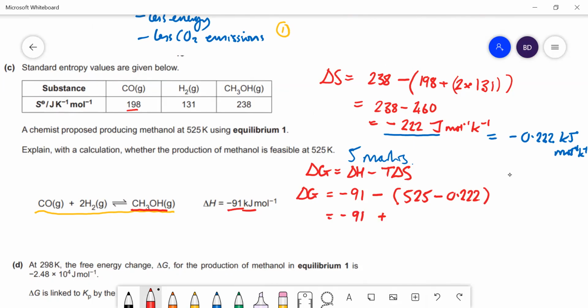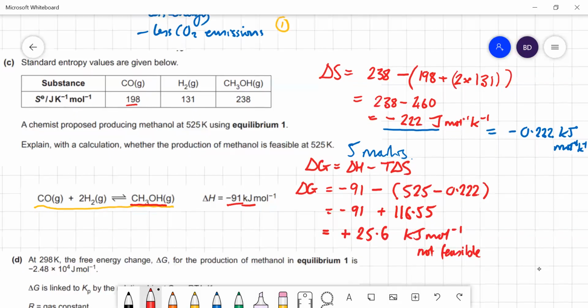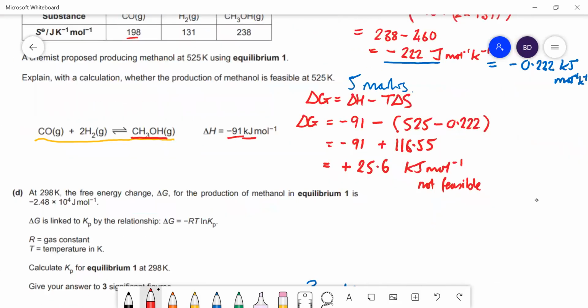That becomes plus 116.5. That makes delta G positive. That makes it plus 25, let's round it up to 26 kilojoules per mole. Importantly, it's positive, and that means the reaction is not feasible. Reactions are not feasible when the delta G value is positive. Okay, so that's quite straightforward for 5 marks, really. Just putting a load of numbers in.